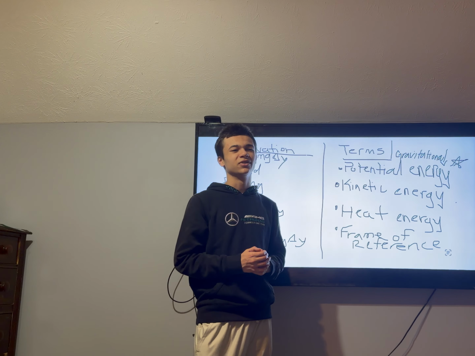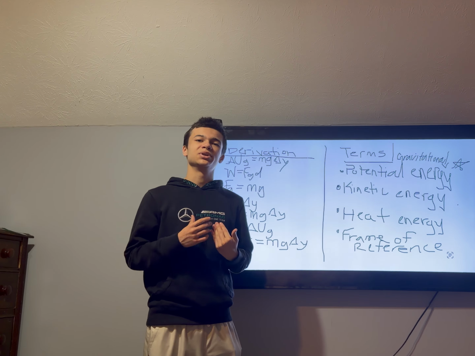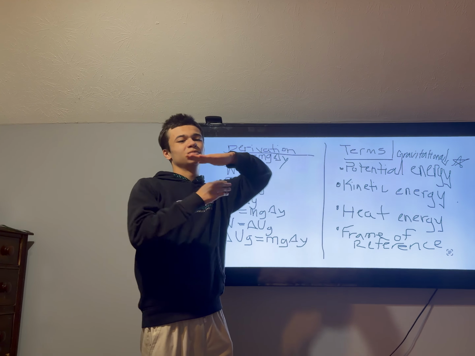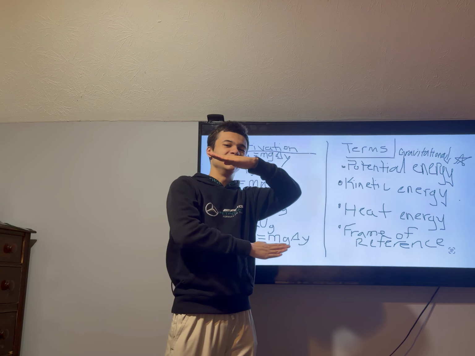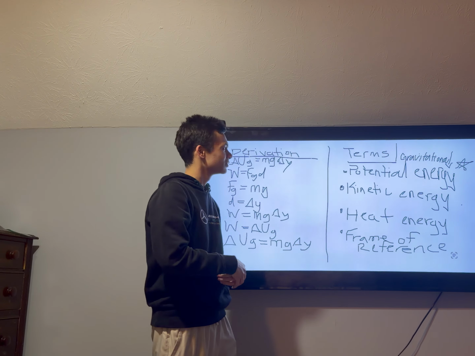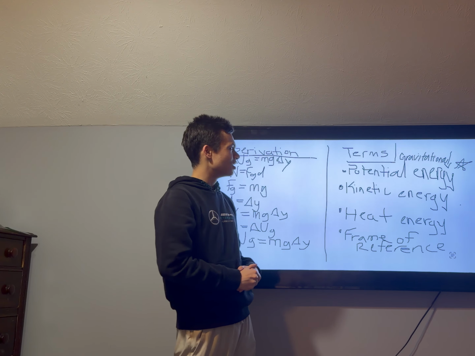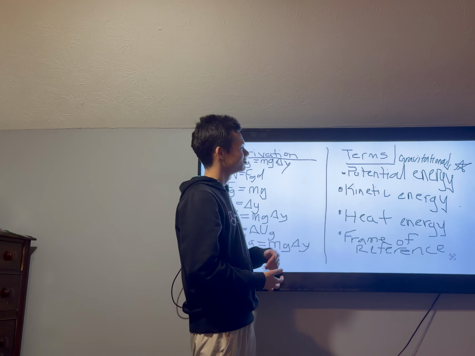The frame of reference in this instance, we put at the top of the hill because that's where he started. So if we have an axis here, he started here and then he went down underneath and then came back up the hill, right back to the starting point. And so, yeah, that's gravitational potential energy.